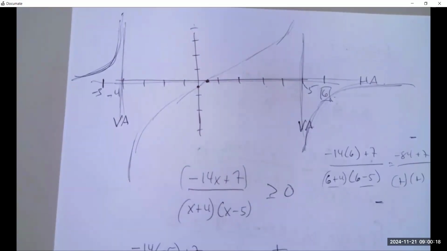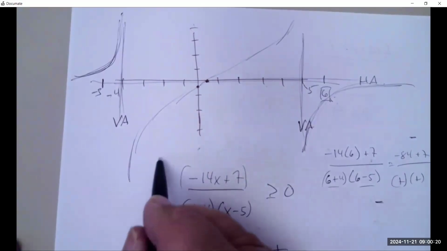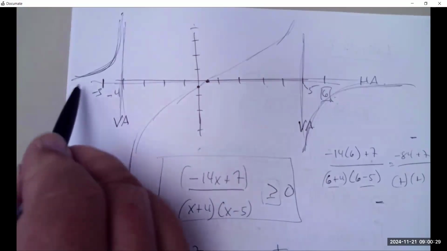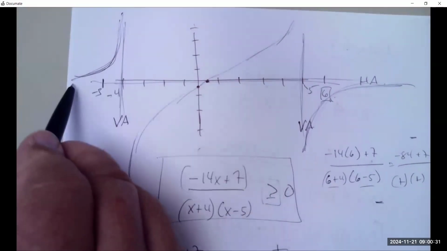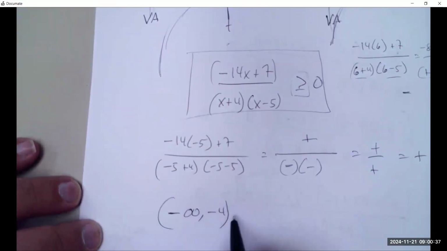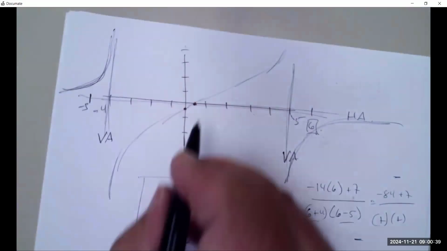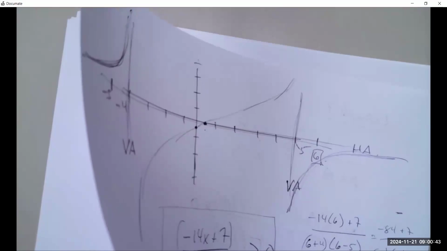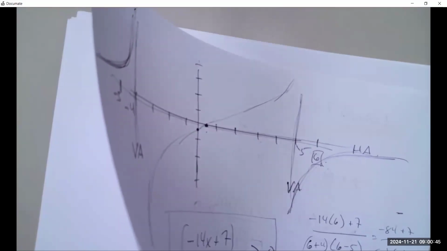That's just graphing the equation. Now I've got to answer my question. Where is the function above 0? Well, it's above the x-axis from negative infinity to negative 4. And we can't use those. Let's see, the x-intercept is 1/2.